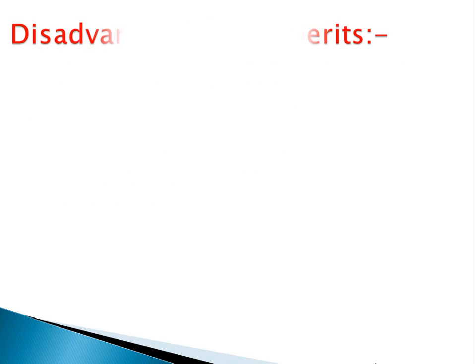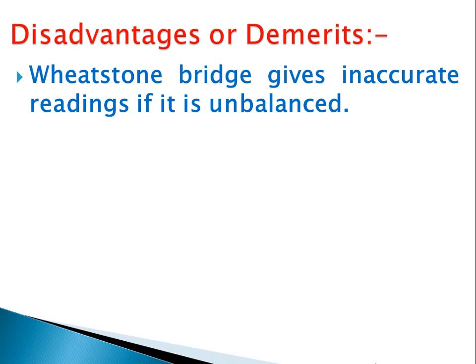Now look at the disadvantages or demerits of Wheatstone bridge. Wheatstone bridge gives inaccurate readings if it is unbalanced. That means before applying any input voltage, if the galvanometer shows some reading, then the bridge is not in the balanced condition.